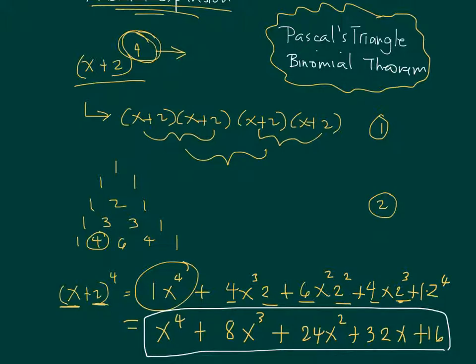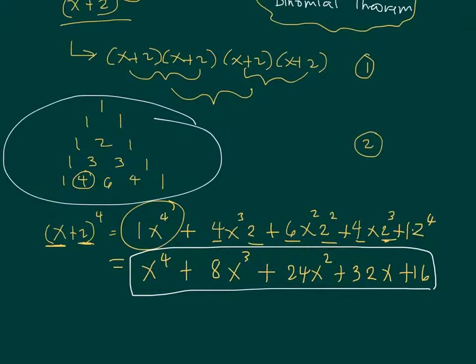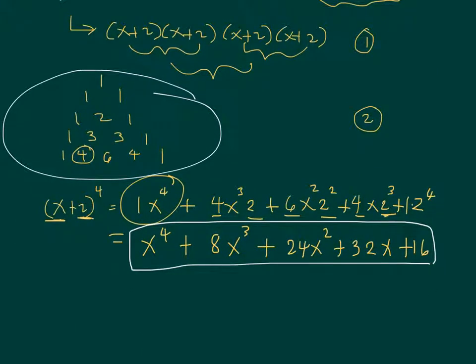Now, if you want to use the binomial theorem, the only difference between the binomial theorem and Pascal's triangle is that instead of creating this triangle, you make use of the combination formula.